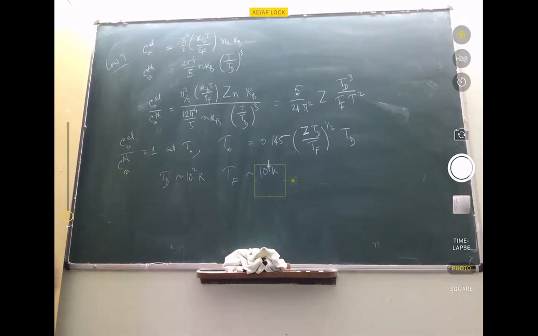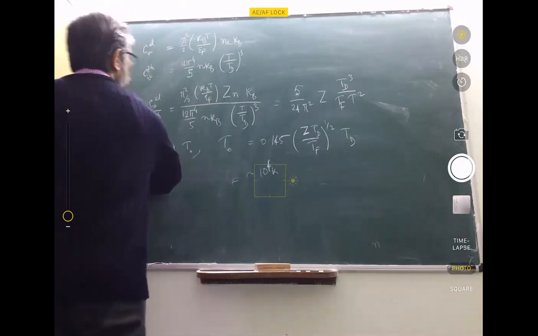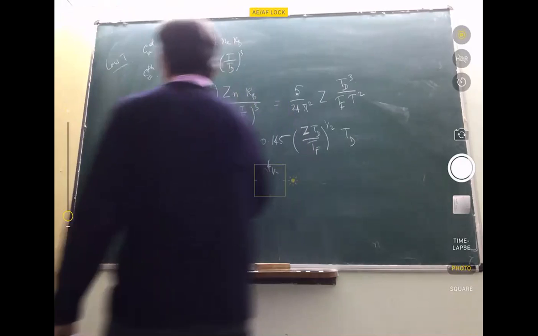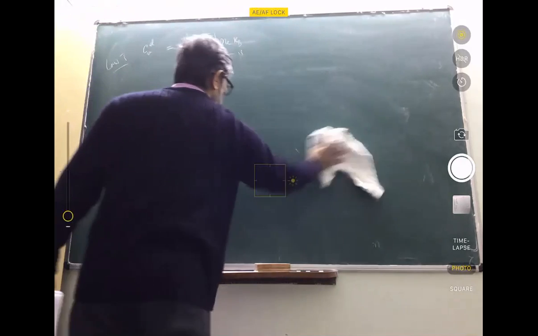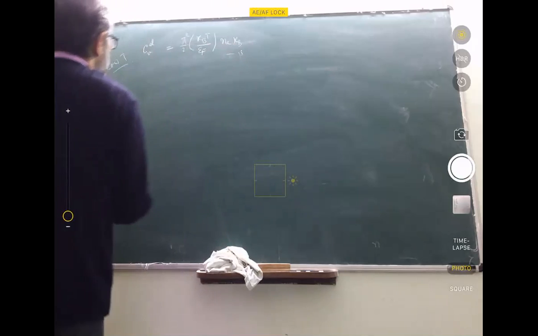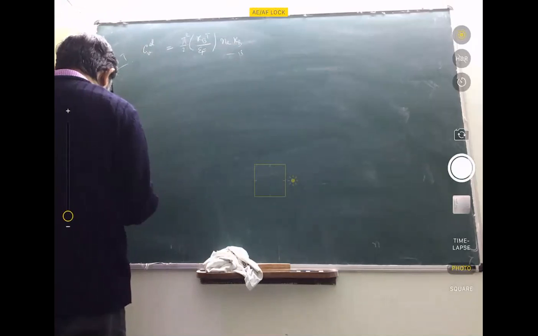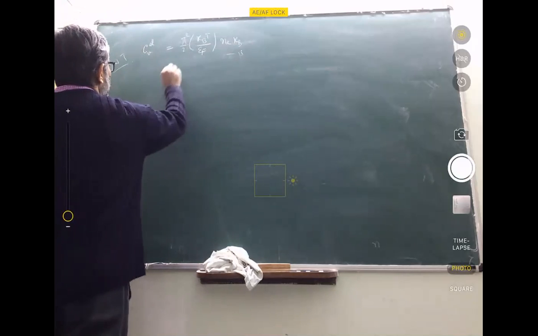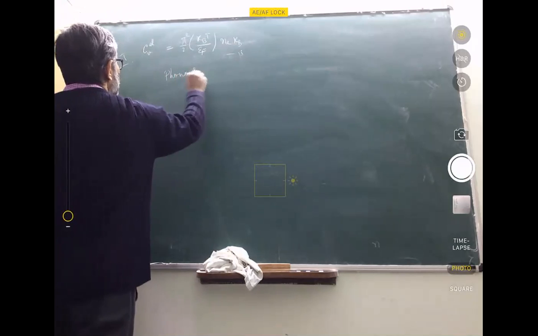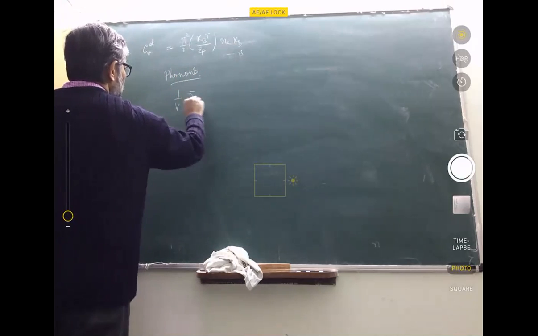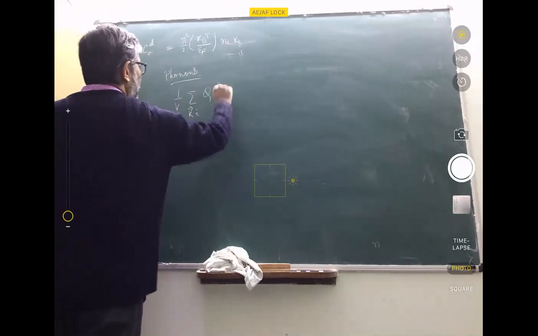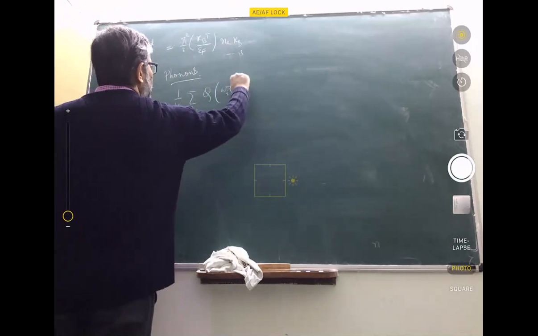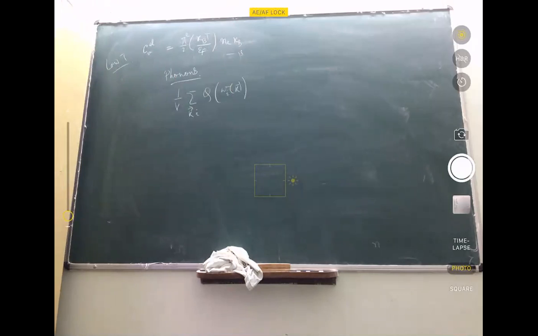So just as in the case of electronic properties, we had to evaluate quantities that depend on electronic energies, in the case of phonons we may also have to evaluate things that look like this, where capital Q is some function which depends on the phonon frequencies, which are themselves functions of k.